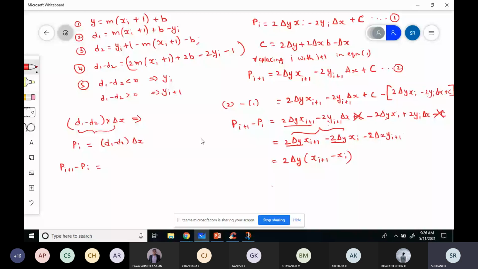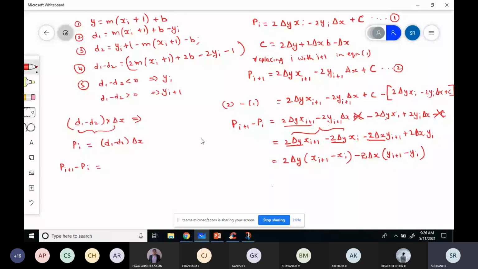So I will take minus 2 delta x as common here: minus 2 delta x times y of I plus 1 minus yi. So this is the simplified equation of the difference between two pixels, p of I plus 1 minus pi.